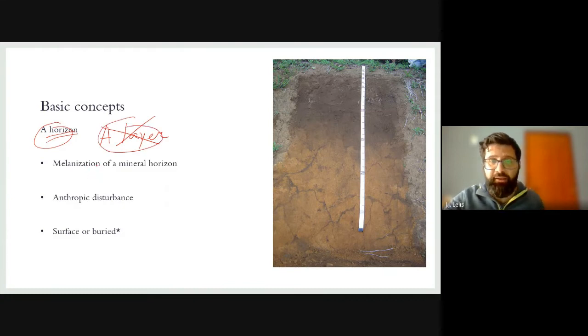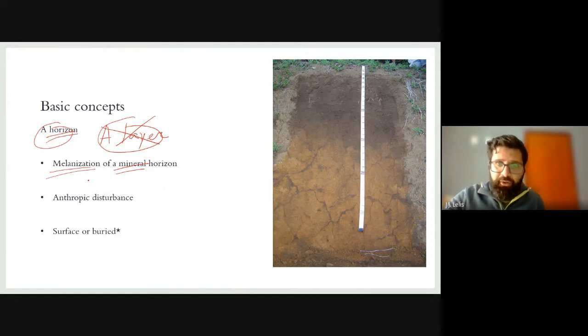A horizon is a mineral horizon, so its properties like morphology, chemical, and physical properties, they all are dominated by the mineral particles. Kaolinite, gibbsite, goethite, hematite, smectite, but these mineral particles, they are melanized by organic matter.